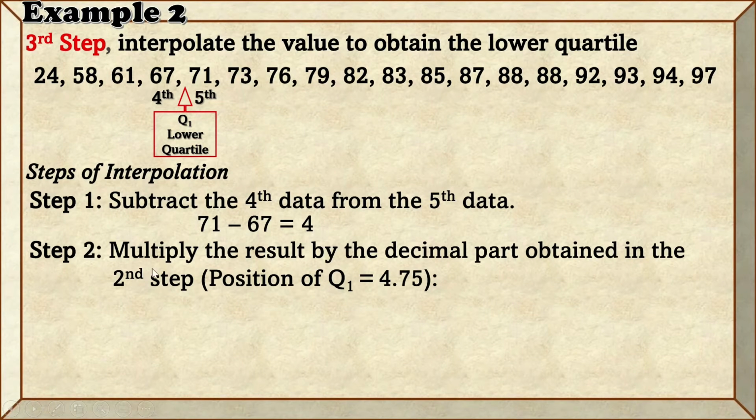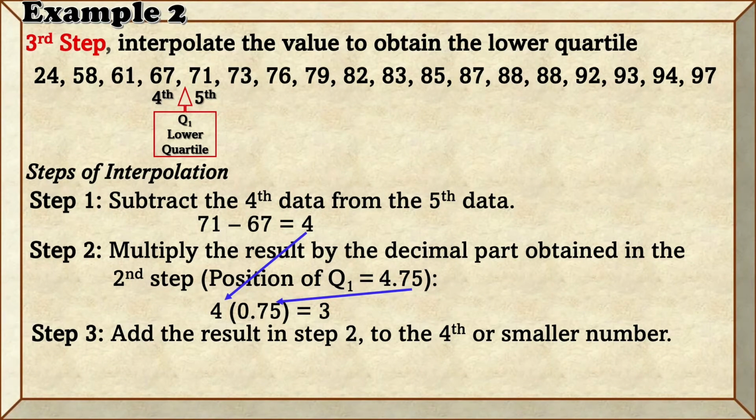For the second step, multiply the result by the decimal part obtained in the second step, the position of first quartile, which is 4.75. So the decimal part here is 0.75. Okay, so we have 4, the result in step 1, times the decimal part of the second step, 0.75. So 4 times 0.75 is 3. Step 3.